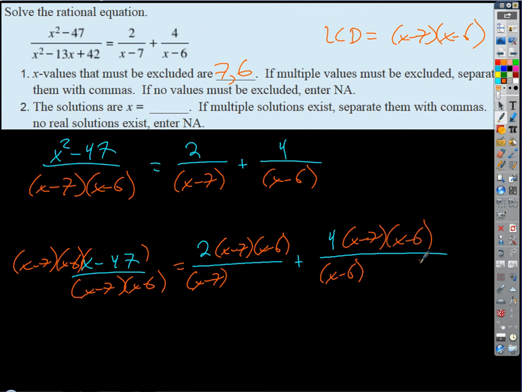If I just distribute that through both sides, we get a lot of cancellation, don't we?